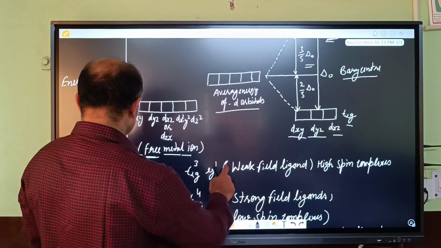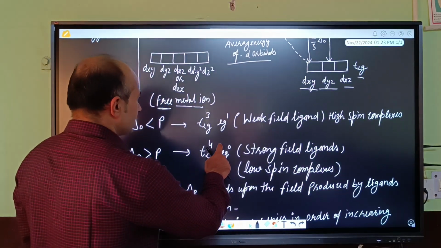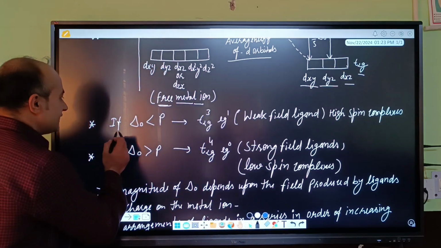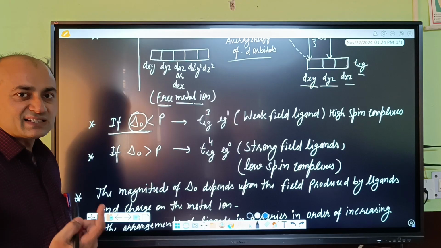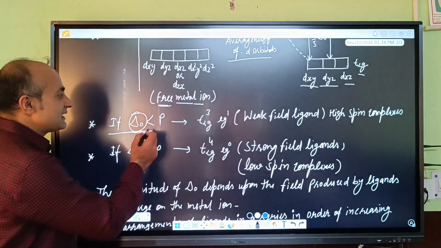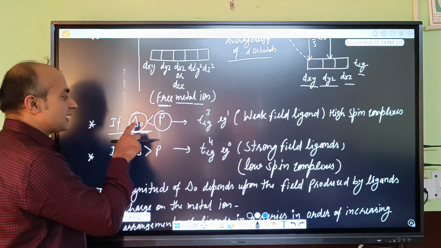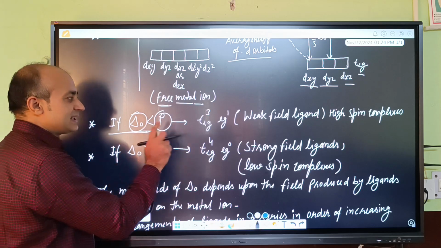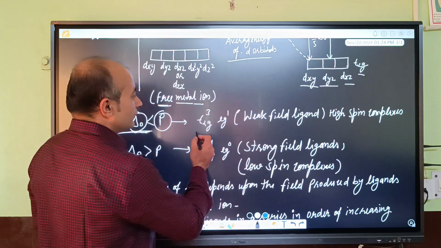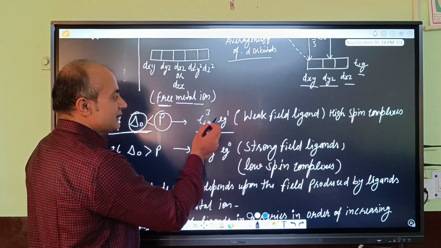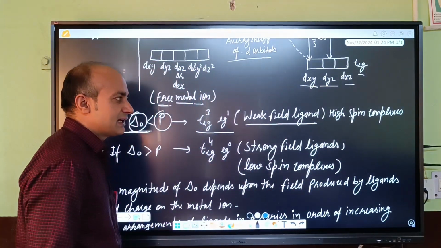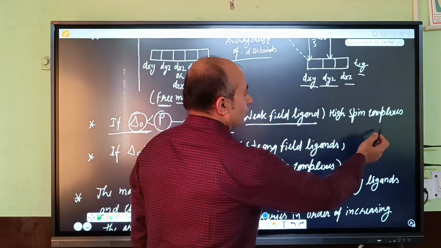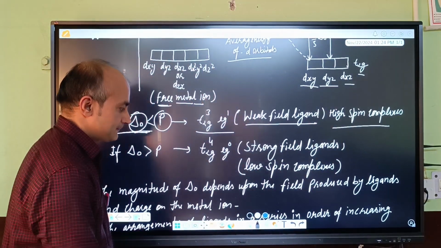Now, the most important thing in this theory: if delta O, meaning the crystal field splitting energy, is less than the pairing energy, then the fourth electron fills as T2g3 Eg1. This appears due to weak field ligands, and such complexes are called high spin complexes.